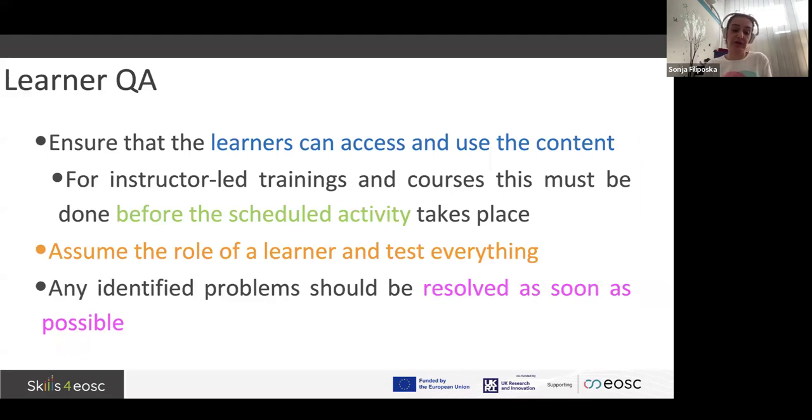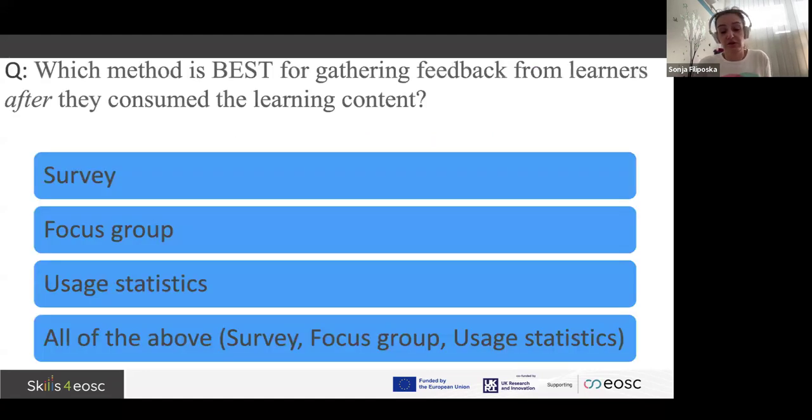Never forget to test quality assurance from the learner's point of view. For example, if it's a learning management system, log in as a learner and go through the materials and see what they see, to ensure that they can access everything and that everything works as designed before they can actually use the content.